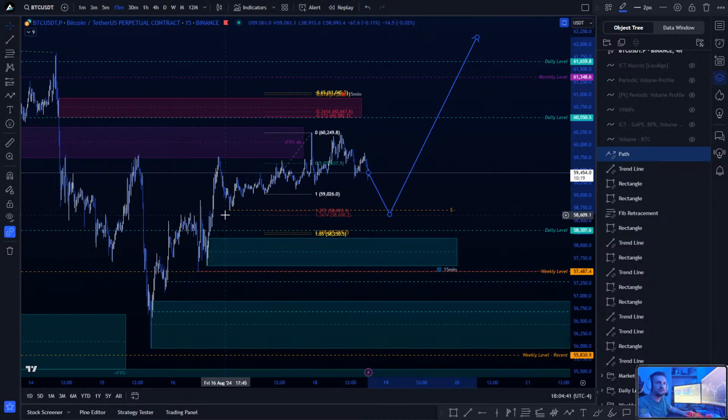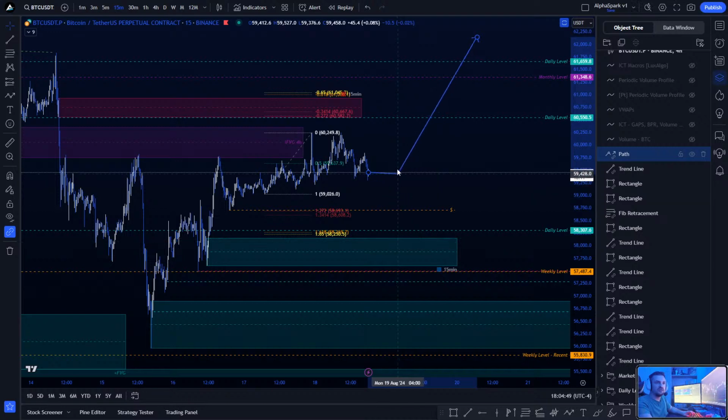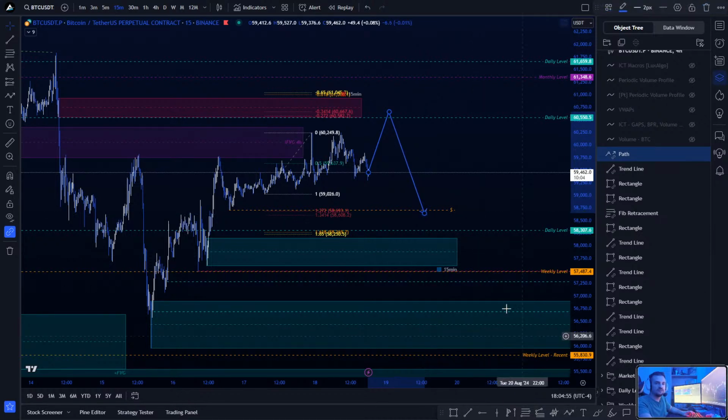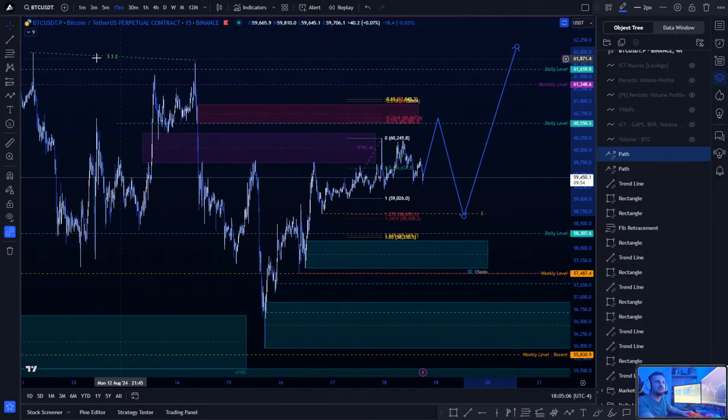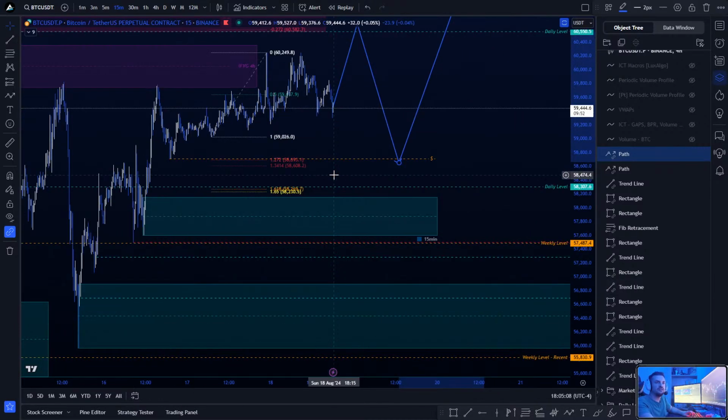Just a liquidity grab. I can imagine this as a possibility, and I can also imagine this, like that as a possibility. That is a stacked imbalance that I'm targeting there.